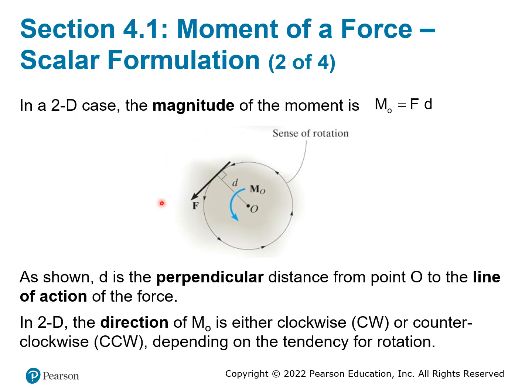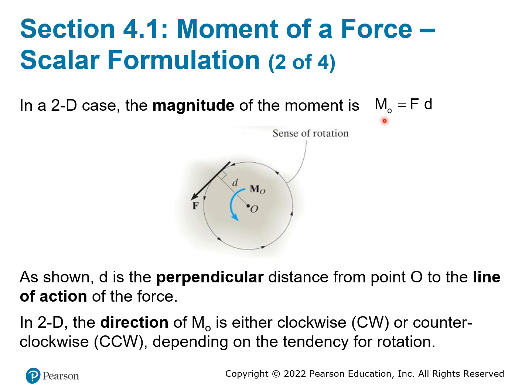Now let's simplify the graph as this one right here. You can see the bolt is located at the center of the circle O. And we're going to define a new property called the moment, and we use the capital M to represent the moment. You notice the M also has a subscript O, which is the rotation center, the point it is going to rotate about.